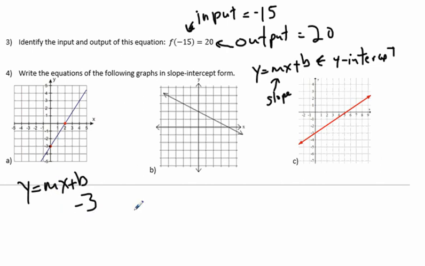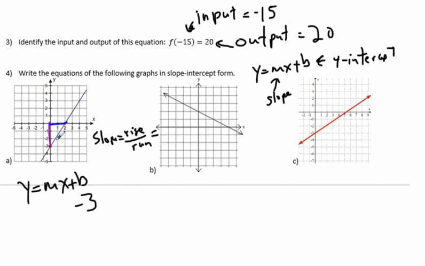Now the slope of the graph is equal to the rise over the run. So in this graph, between these 2 points I'm going to draw a rise, and I'm going to draw the run between 2 lattice points.